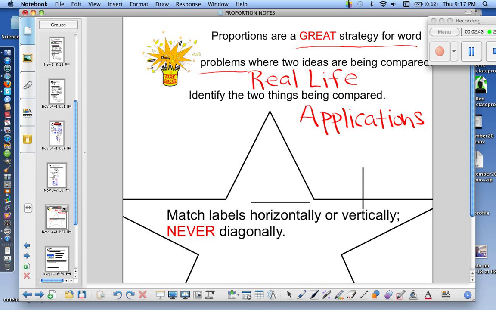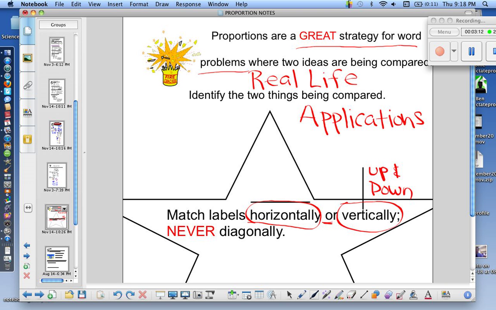In order to do that, we're going to have to identify our information that's being compared, and you're going to have to match the labels. So whether it's dollars or apples or cents, you're going to have to match them horizontally or vertically. You can choose which one. Vertically, remember, means up and down. That's why I have this line there.